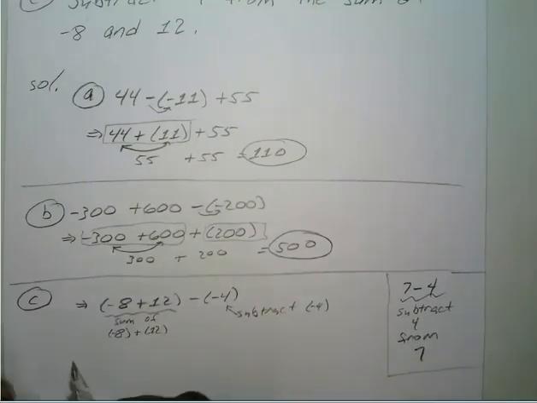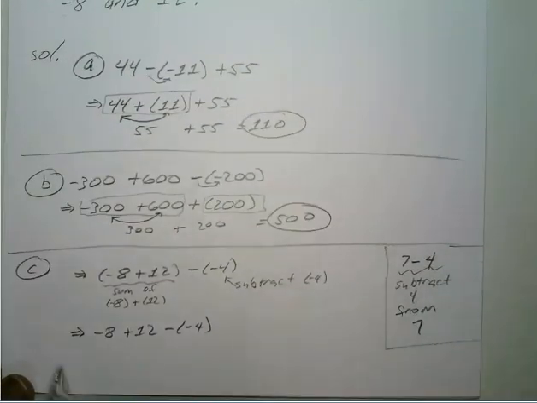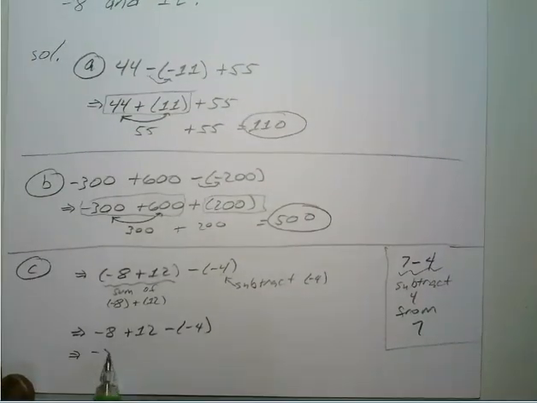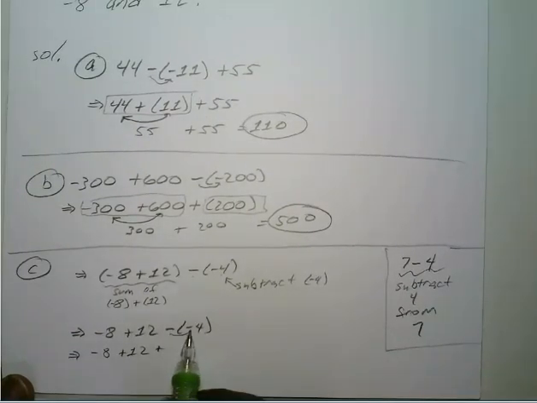Okay, so what does that give us? Well, that gives us -8 plus 12 minus -4. So that minus, I'll leave it as minus -4, and then I'll change it after. Okay, so that gives us -8 plus 12 minus, you're going to change that to plus, and then change that sign.